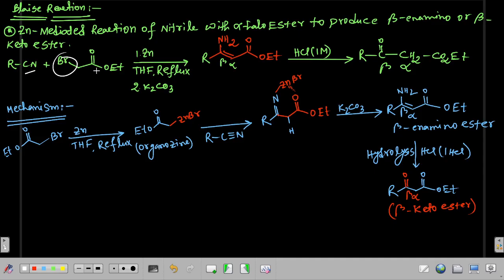And in presence of zinc, it will form this beta enamino ester. And if we do hydrolysis in presence of acid, it will form beta ketoester.